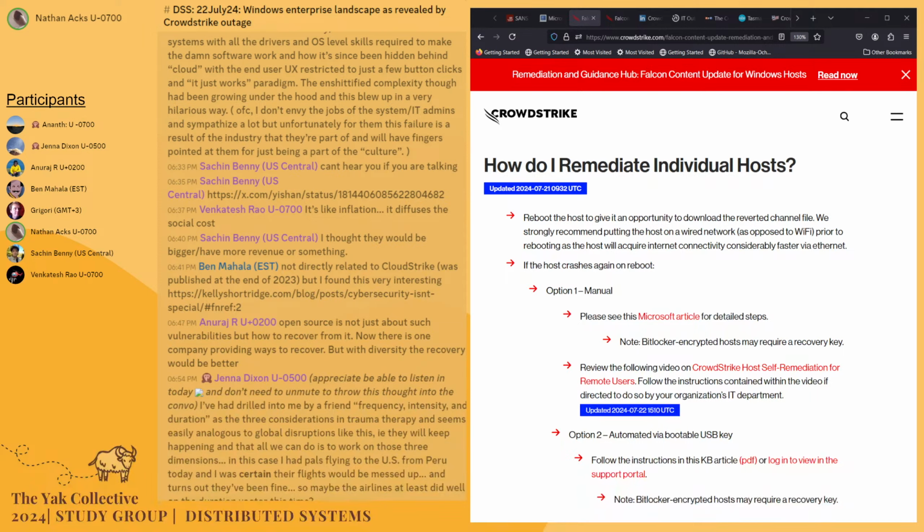And how do you square wanting something that's diffuse and robust with the single ringable neck principle? There are real trade-offs there. And also, how do you square that with the fact that we do need to move fast sometimes?